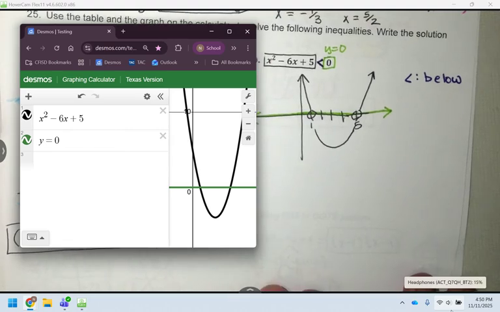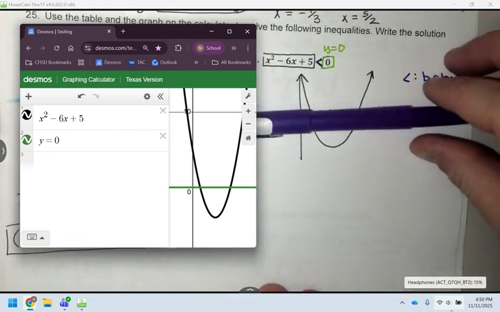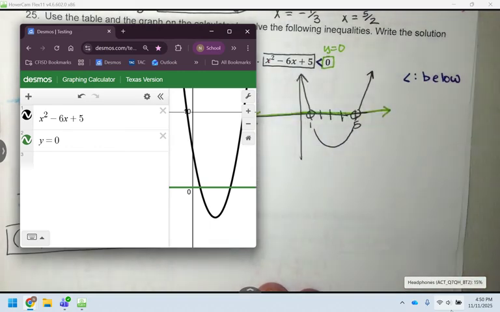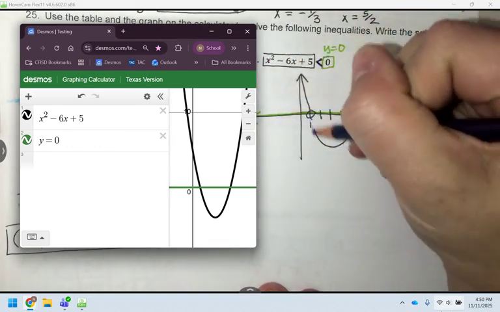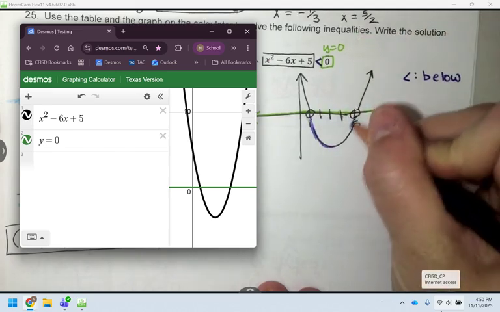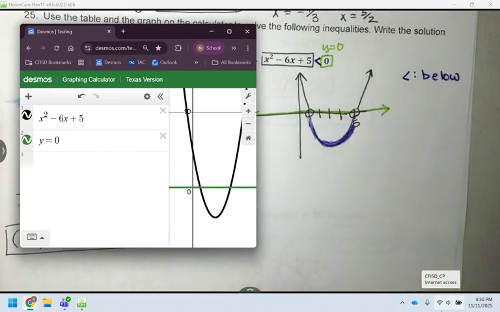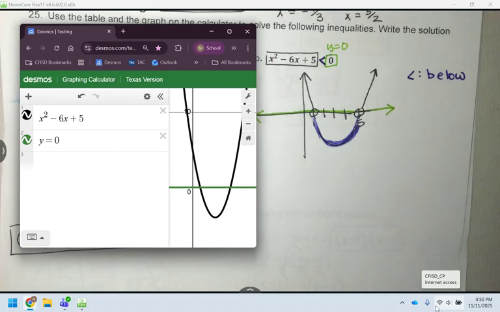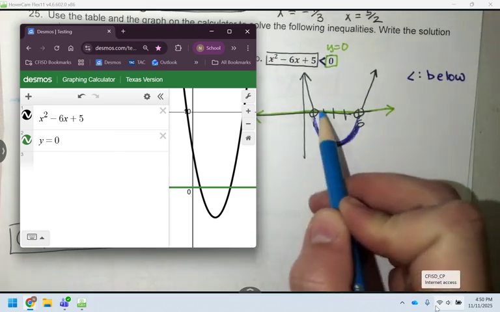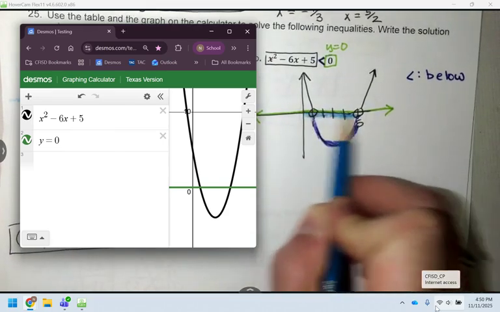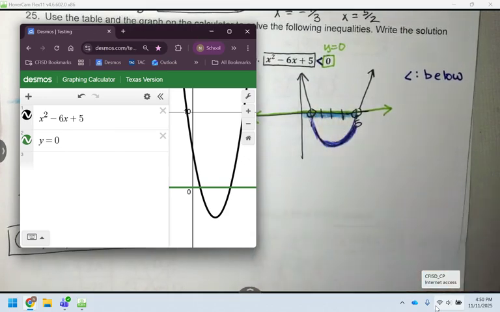All right, so when is this parabola below? Hopefully you can see that is this part of the parabola. I called that the belly of the parabola. And again, we write our solution in terms of x. So those x values are just those right there.